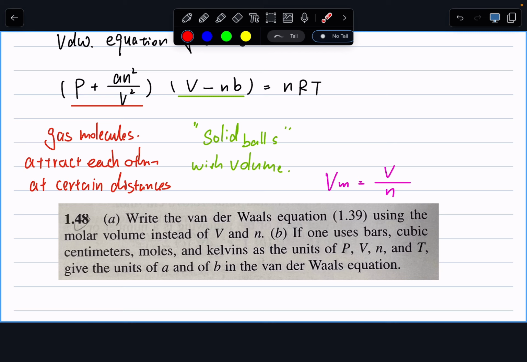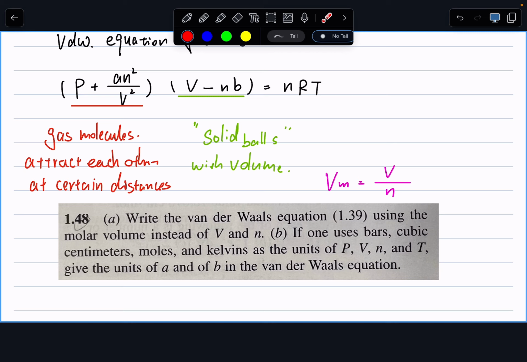The pressure term doesn't have number of moles or volume. a stays the same, and n squared over V squared becomes 1 over Vm squared. So we have P plus a over Vm squared, times V minus nb equals nRT, and we divide both sides by n, the number of moles.